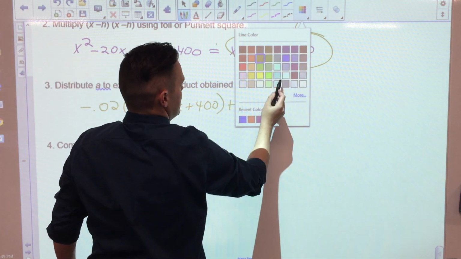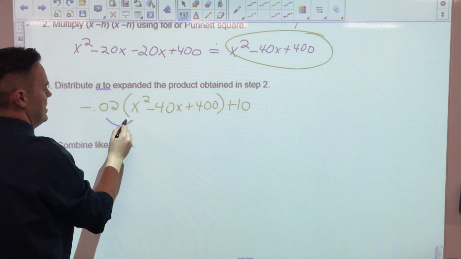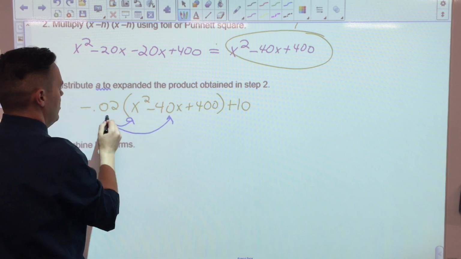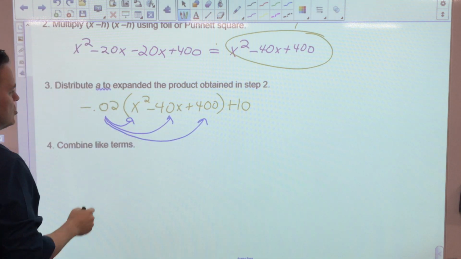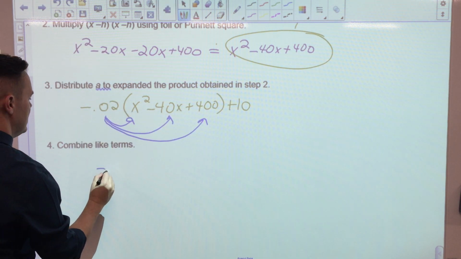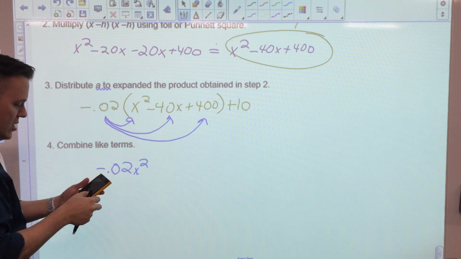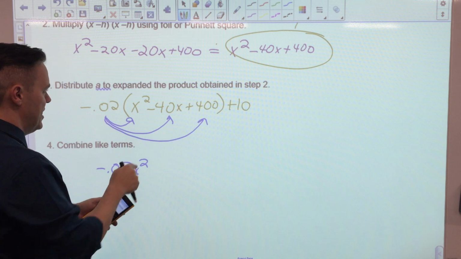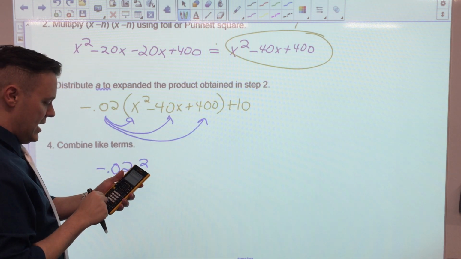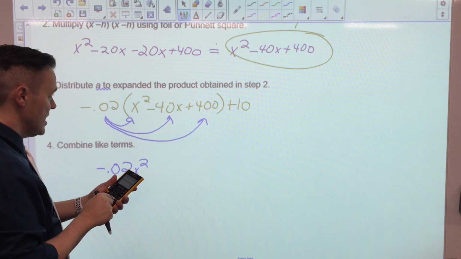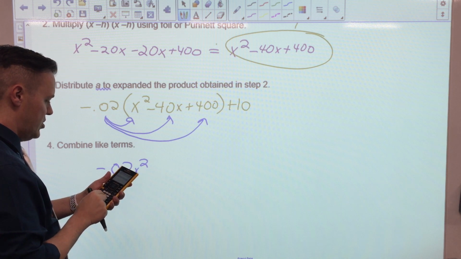So what you want to do is use your handy calculator, calculate this out, distribute that first. So this is relatively simple, negative 0.02x squared. Here comes the problem one. So I do this, negative 40 times negative 0.02.